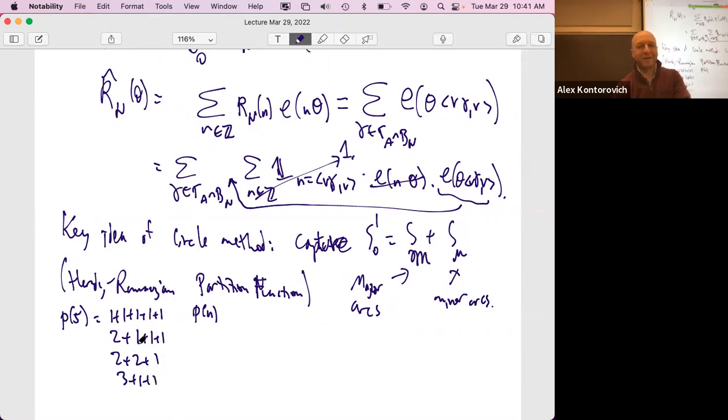I can have 5 ones, or 3 ones, or 2 ones, which could be in several ways. Anyway, you see the point. This is not so easy to work out. And 3 plus 2, and I'm done. One more, 3 plus 2, and that's 1, 2, 3, 4, 5, 6. So the partition function takes value 6 at 5.